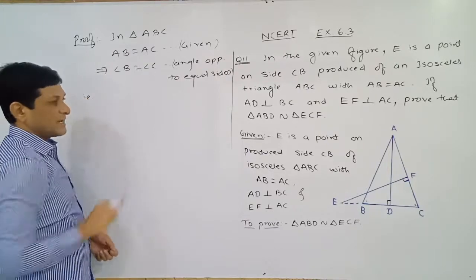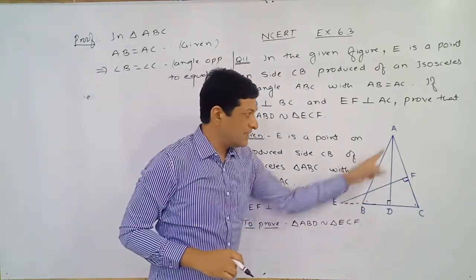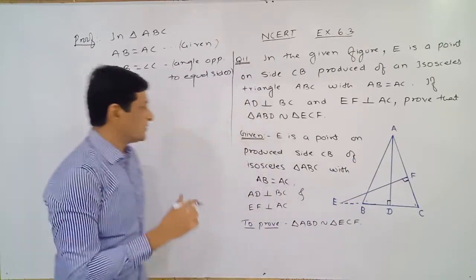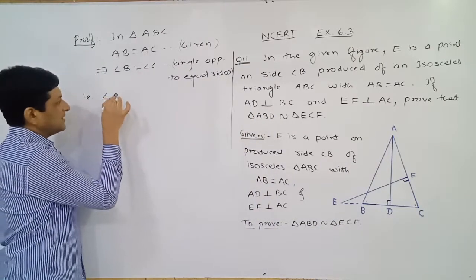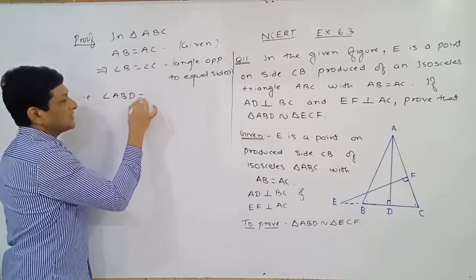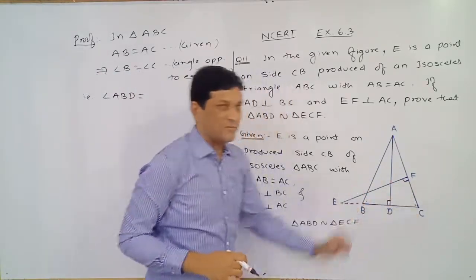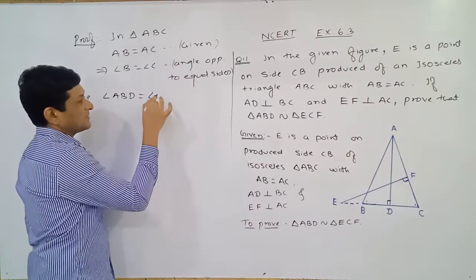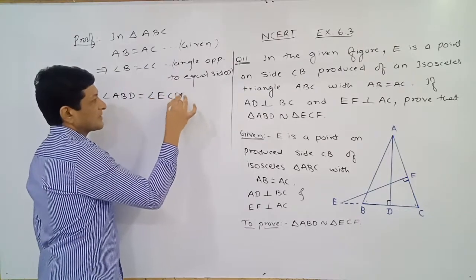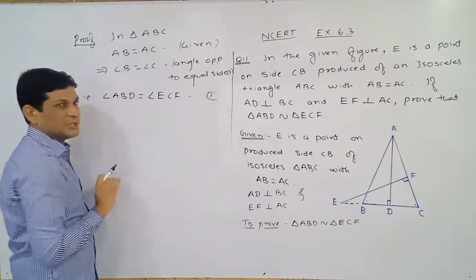Angle B can be written as angle ABD, and angle C can be written as angle ECF. Let us denote this as equation number 1.